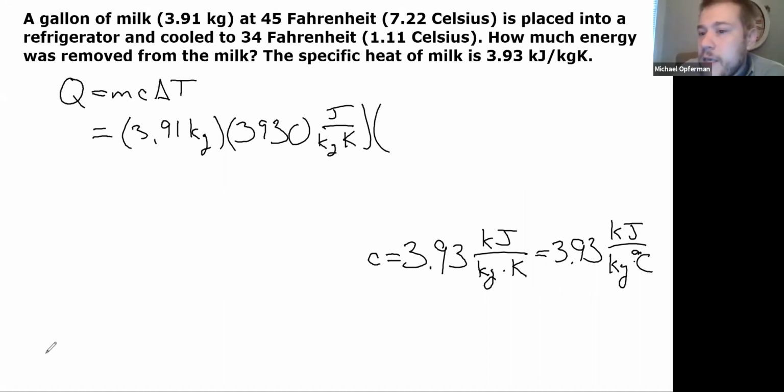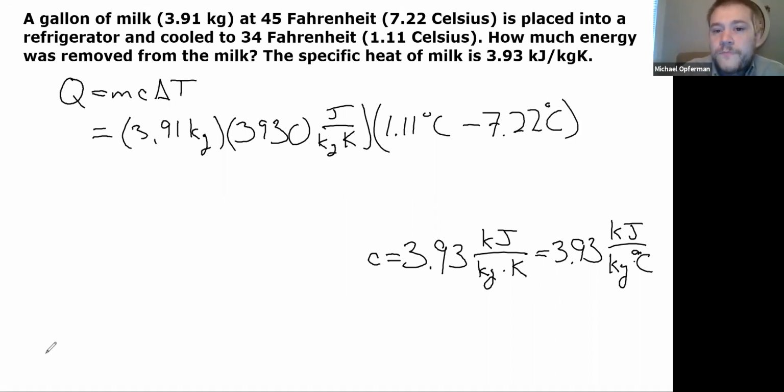And then delta T is, as usual, just final minus initial. So the final here is 1.11 degrees Celsius. The initial is 7.22 degrees Celsius. Although it might look weird that I have Celsius on the right and Kelvin on the left, those will in fact cancel out for the reason that I just mentioned.